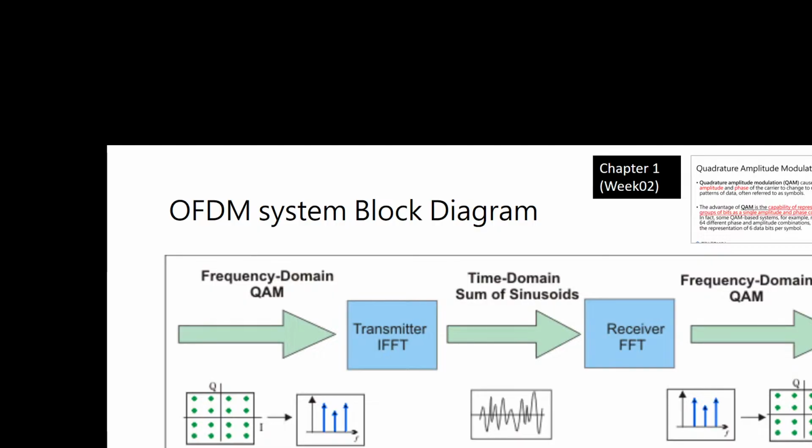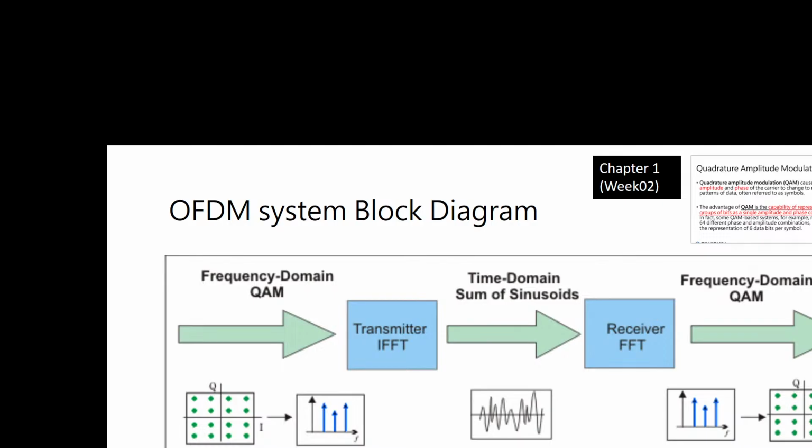And you will transmit from the frequency domain to the time domain as a sum of sinusoids, and the receiver goes back to the frequency domain. At the end, it recovers and maps to the QAM source data. So the data transmission will be like this.